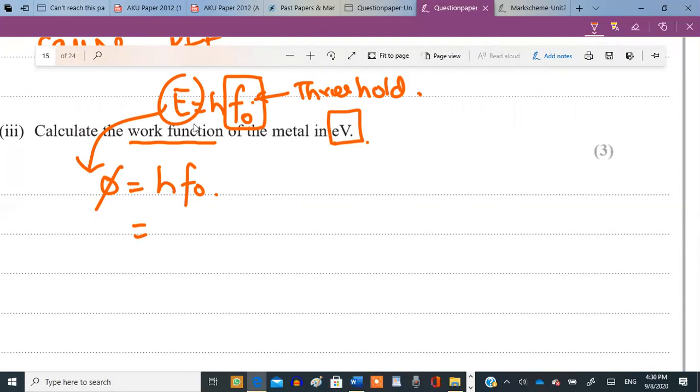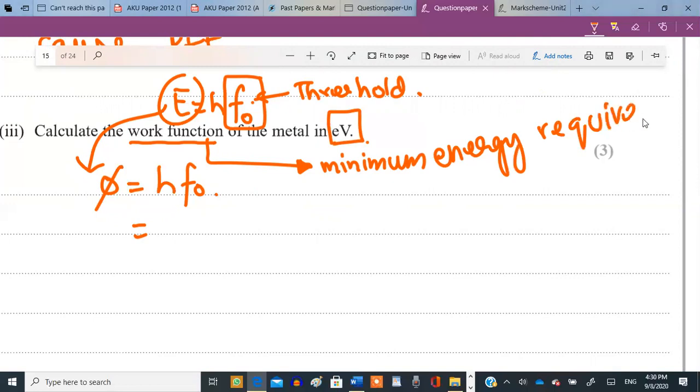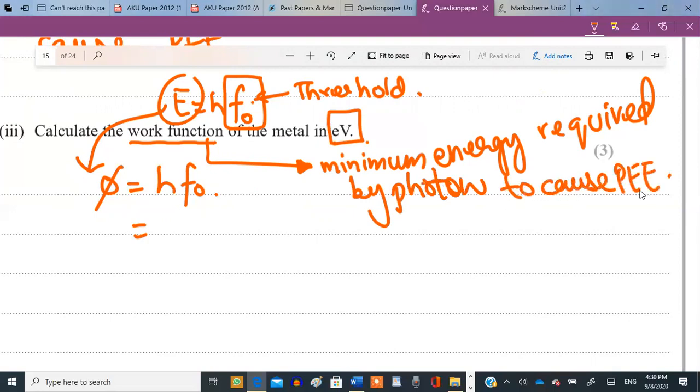Should I repeat what I just said? Work function, what is work function? This is the minimum energy that a photon must possess to cause photoelectric effect. Minimum energy required by the photon to cause photoelectric effect. This definition is asked. Now, if this is the energy of the photon, what's the formula for calculation of energy of a photon?